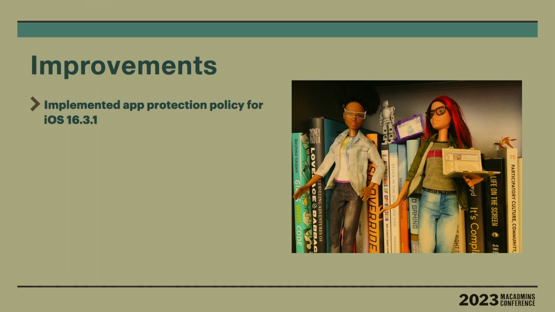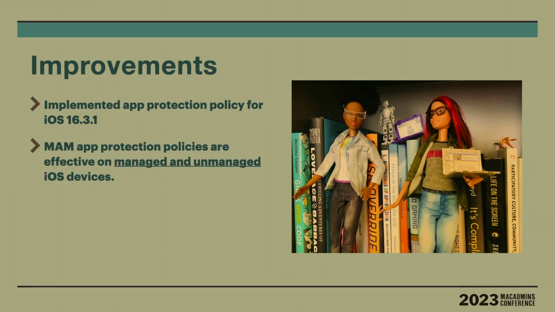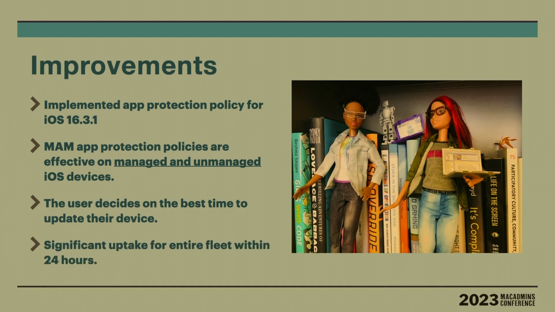So improvements. We implemented the app protection policy for iOS 16.3.1, so that was around January, February. The MAM app protection policies have been effective on these managed and unmanaged devices. And the user decides the best time to update their device.